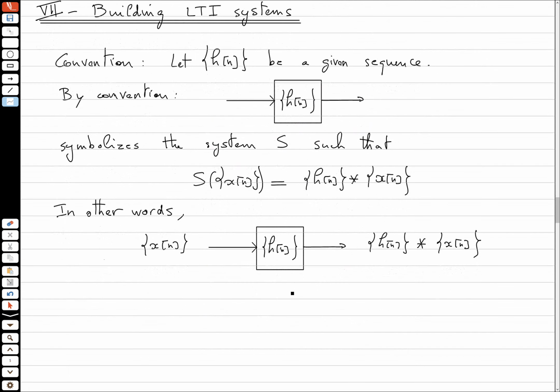All right, so whenever you see a symbol like that, you understand that it means that. So don't ask me, oh, what do I assume? I'm not assuming anything. It designates this system.